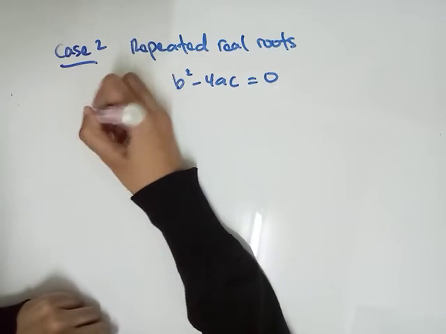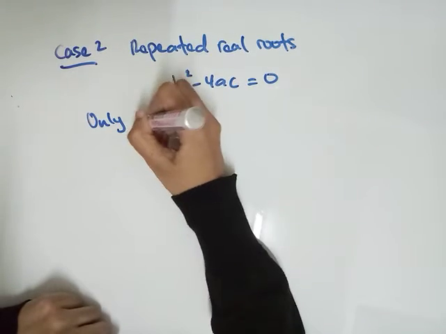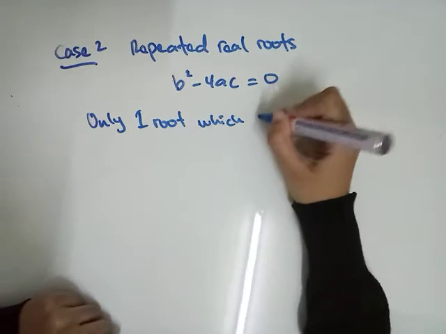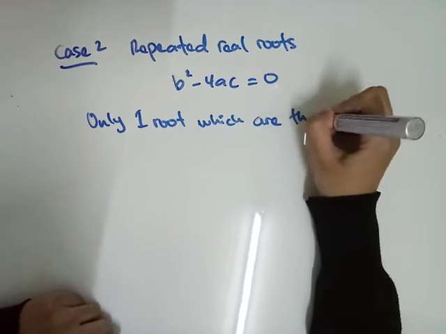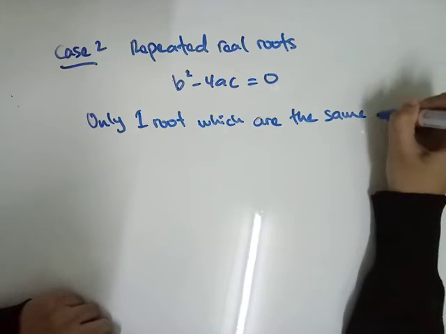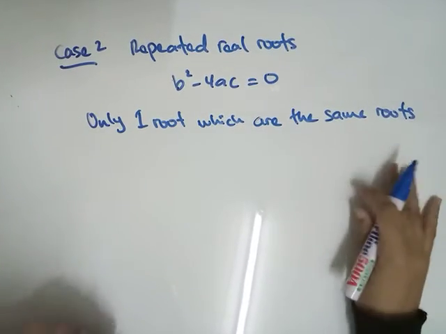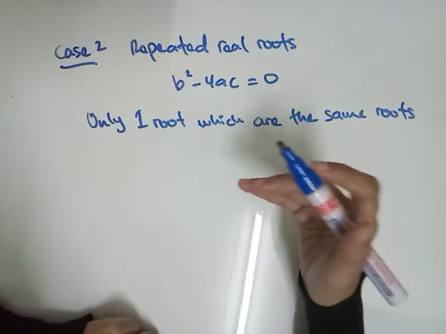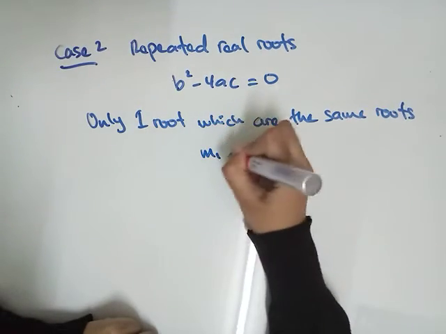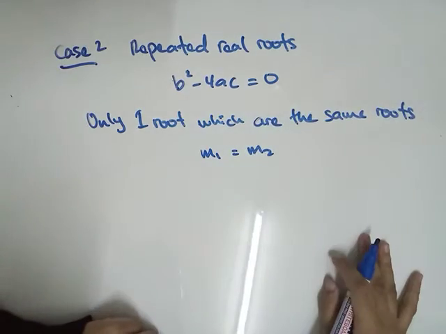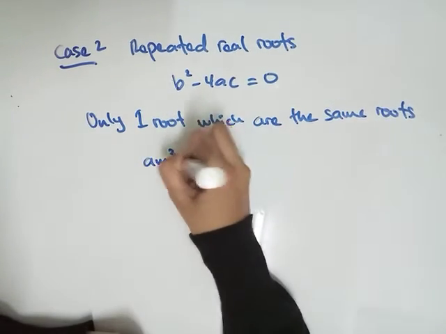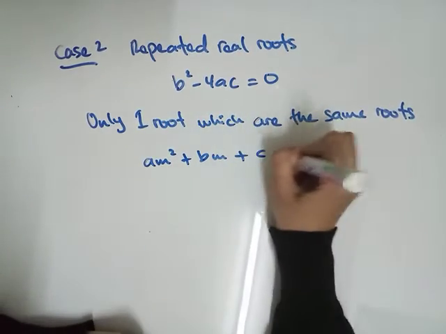Only one root, which is the same root. What does that mean? It means, to solve for m, m1 is equal to m2. Originally, the auxiliary equation is am square plus bm plus c equals 0.